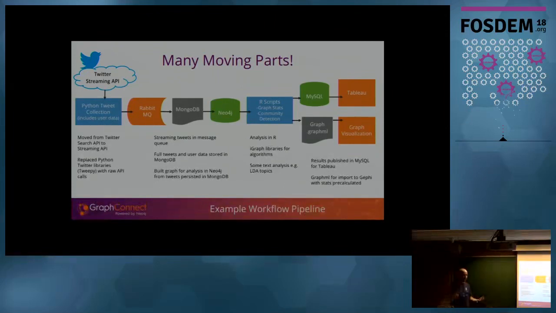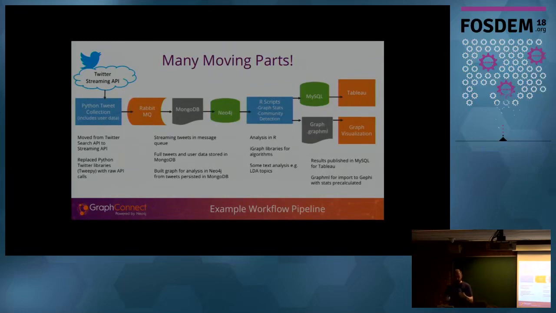But then they also exported the data to R, ran certain algorithms in R and iGraph, took some of the data and wrote it back to Neo4j, and had a cycle of iterating there. Then they used MySQL to put the data into Tableau and exported it into GraphML to get it into Gephi. So it's the whole shebang of things you can have, a hodgepodge of things.